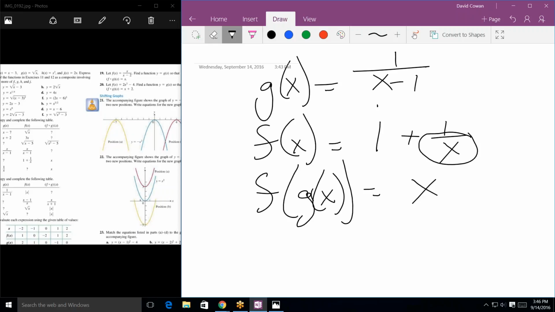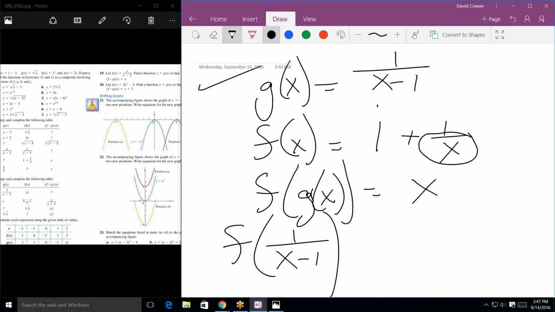Well, f of g of x is what? I think that's the answer, but let me prove it. So I would substitute that answer into this. That's what I think g of x is, 1 over x minus 1.